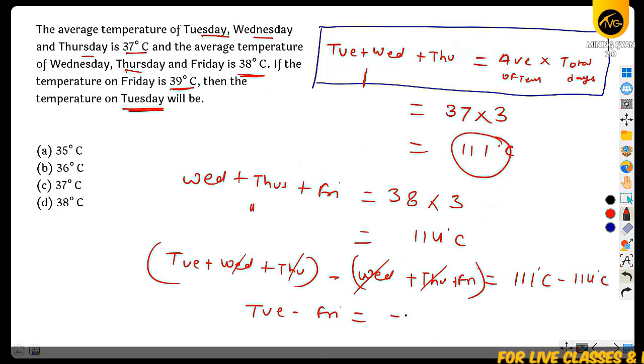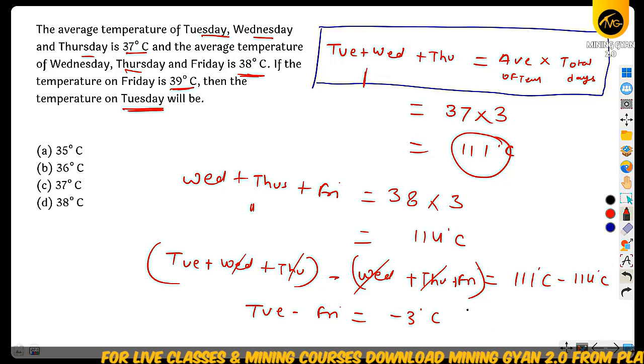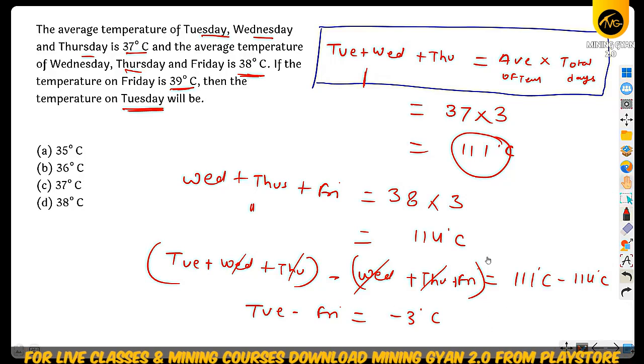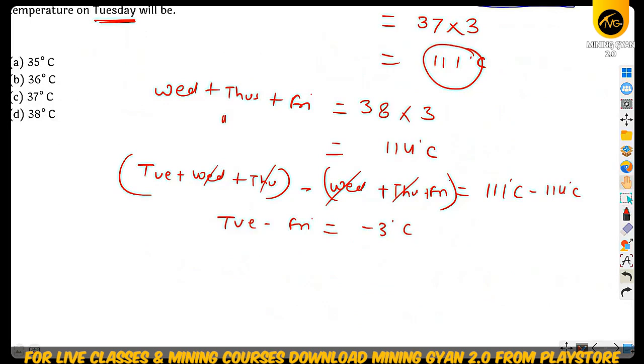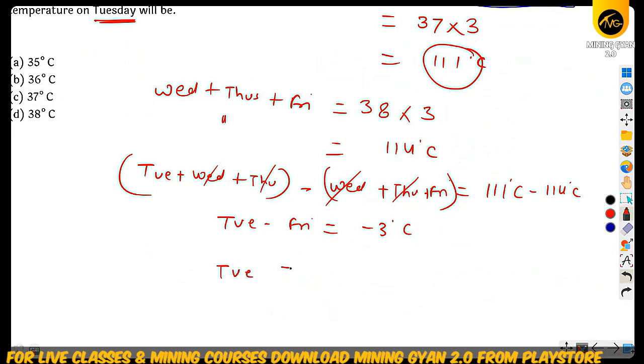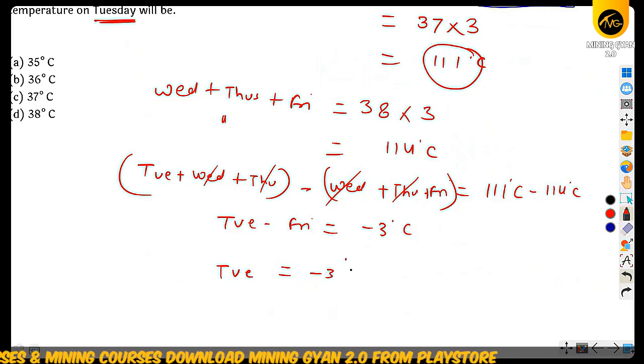Now the temperature will be, in this case, minus 3 degrees Celsius. We just have to follow the basic operational rules like plus and minus. Tuesday is equal to minus 3 degrees Celsius.